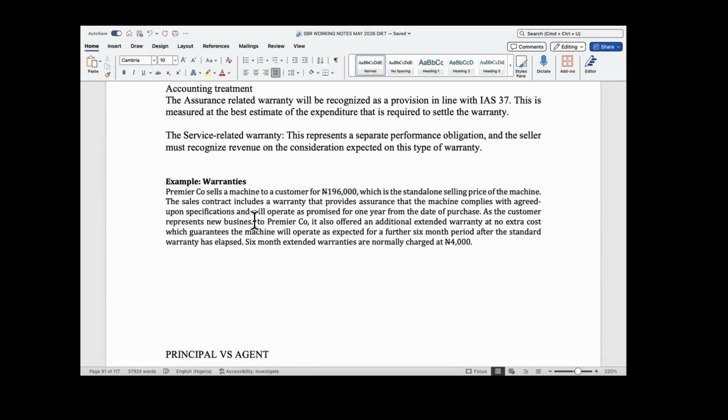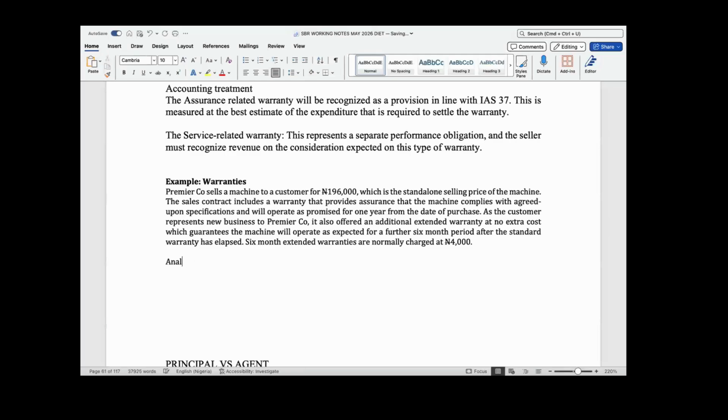As the customer represents new business to Premier, it also offered an additional extended warranty at no extra cost, which guarantees the machine will operate as expected for a further 6 months after the standard warranty has expired. The 6-month extended warranty is normally charged at 4,000. So let's say they give us this scenario.